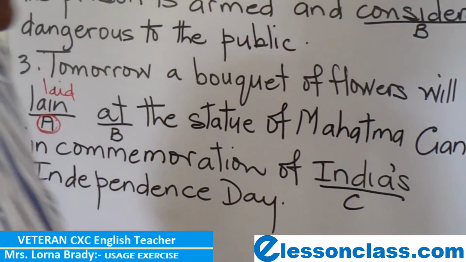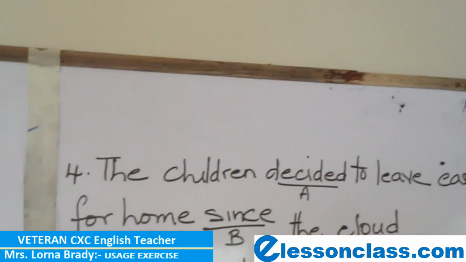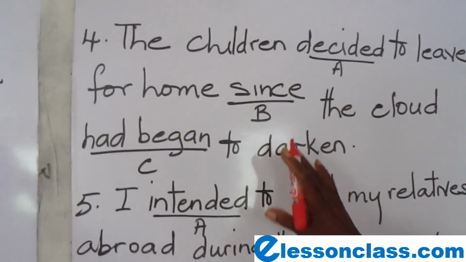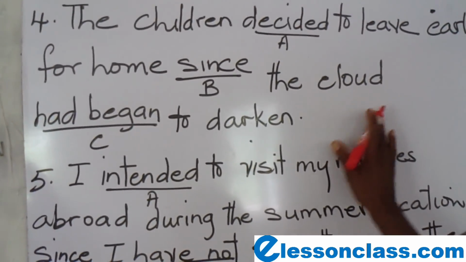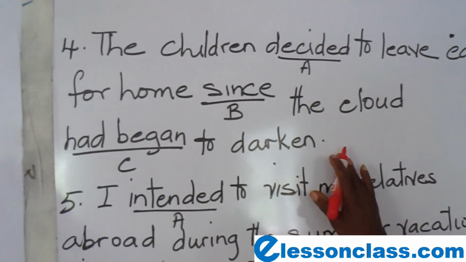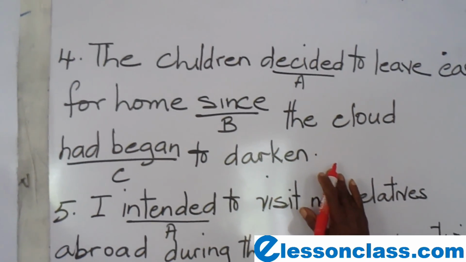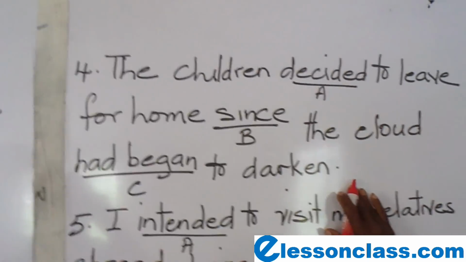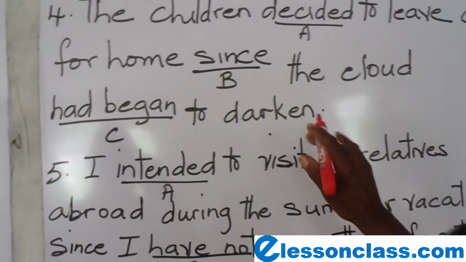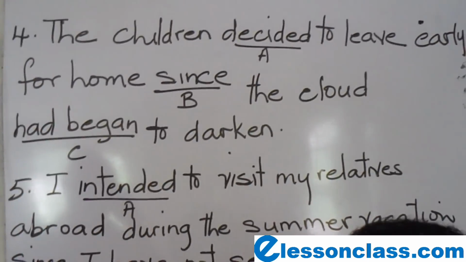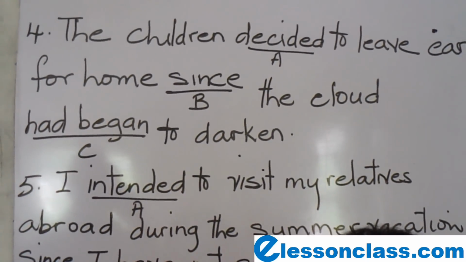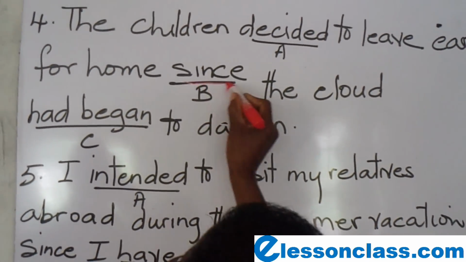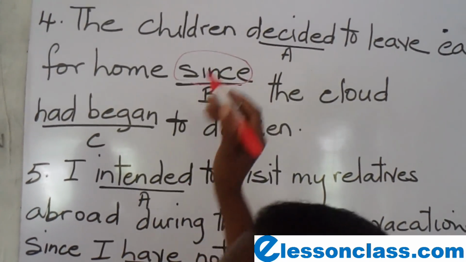Okay, now let's go to number 4. The children decided to leave early for home since the cloud had begun to darken. Now what I see happening in this sentence is that since is normally used to refer to time.